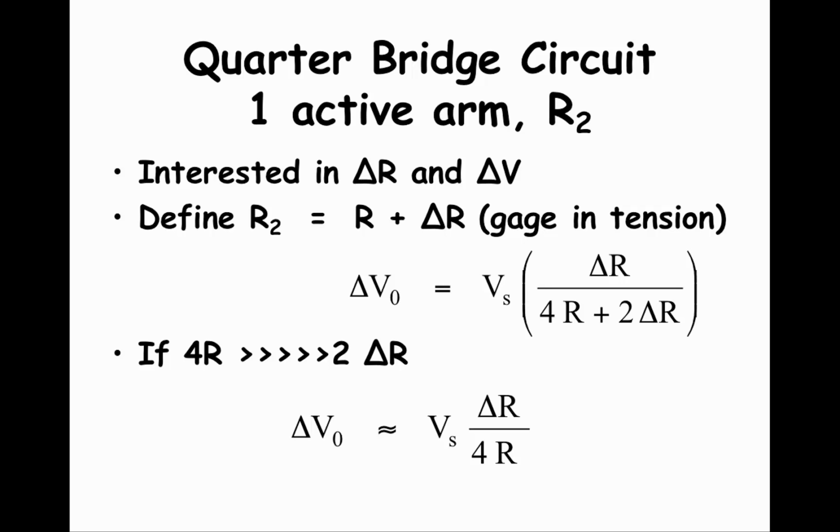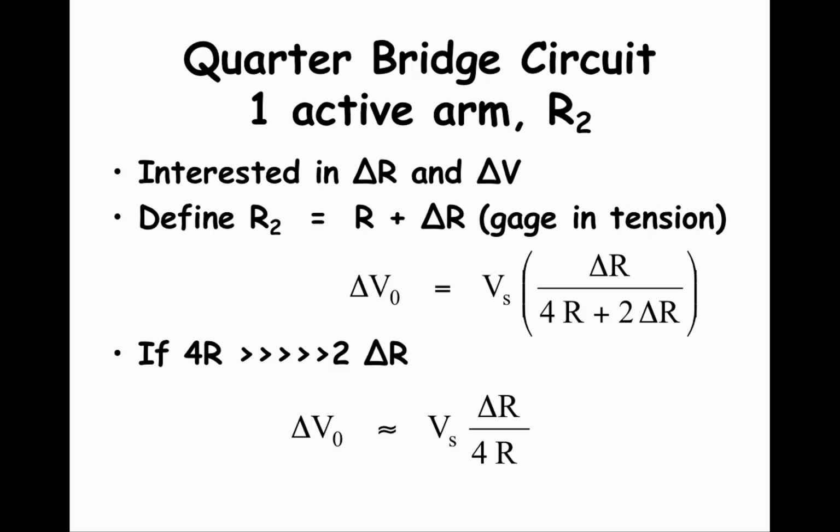We are really interested in the change in resistance, so we will define R2 as R plus delta R, assuming that we have a single strain gauge in tension attached to arm 2. If we make the substitution and go through some algebraic manipulations, we get the expression for delta V0 as this first equation.